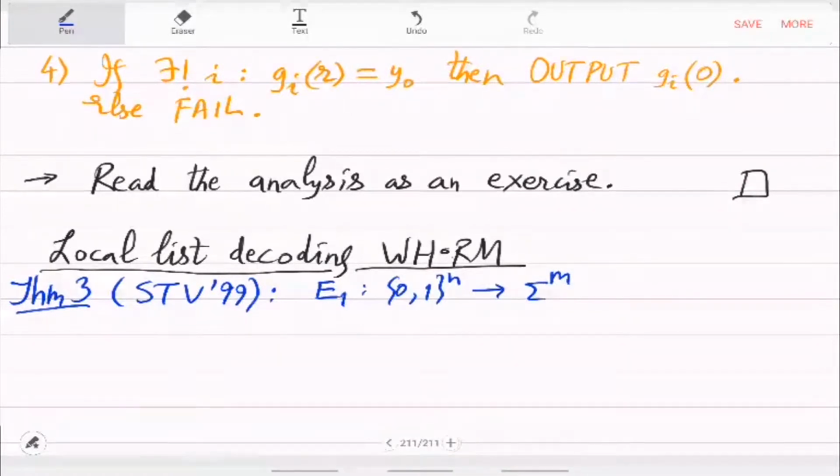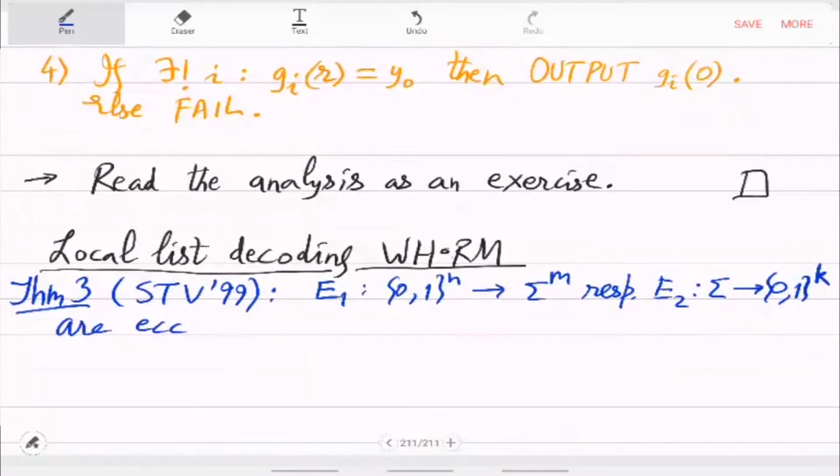So n bits are stretched to m alphabets, and E2 is like Walsh-Hadamard, so it will convert alphabet to bits.